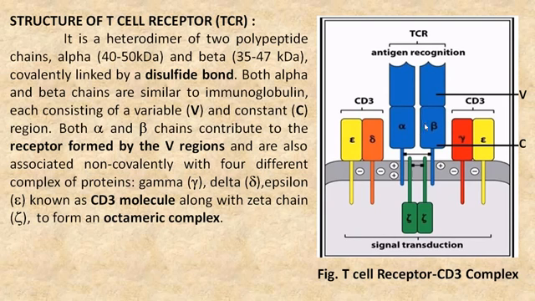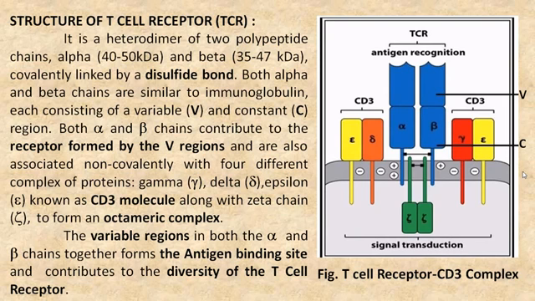Both alpha and beta chains contribute to receptor formed by the variable regions and are also associated non-covalently with 4 different complex proteins: gamma, delta, epsilon, known as CD3 molecule, along with zeta chain to form an octameric complex.